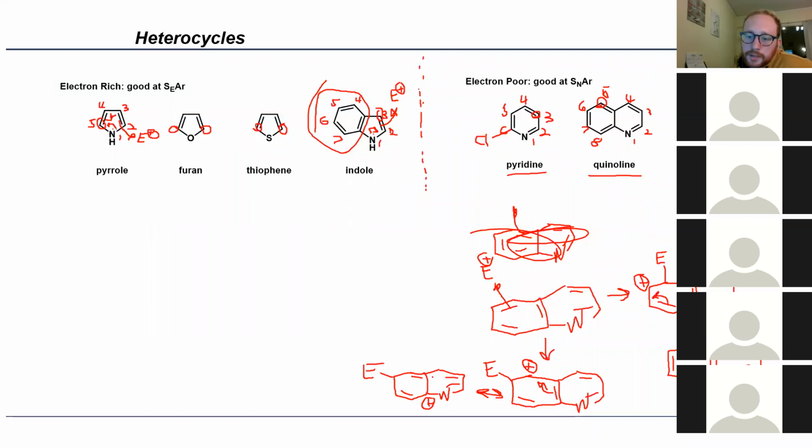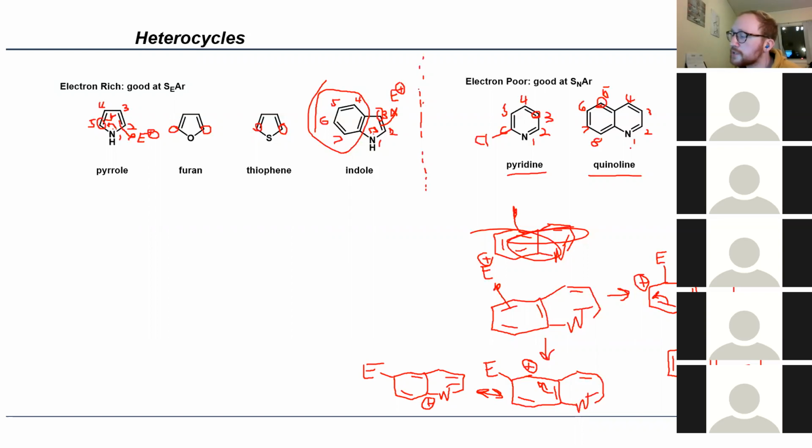And so in this way, C5 substitution is favored in that it has these two major resonance contributors that don't harm the aromaticity of the other system. And so C5 substitution is favored over C6.